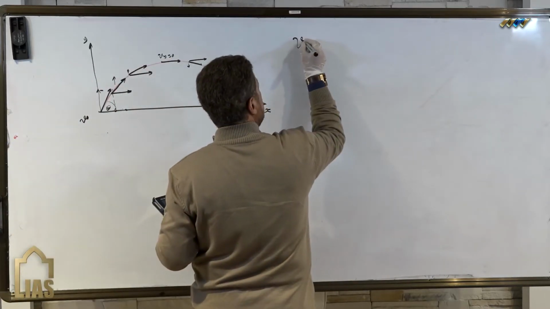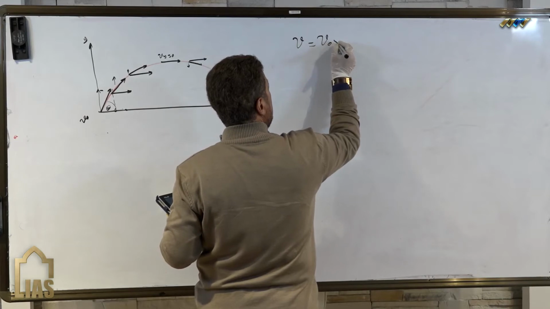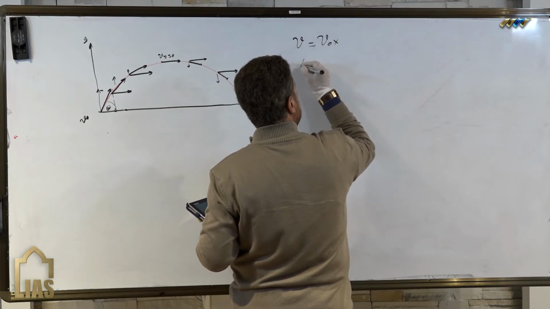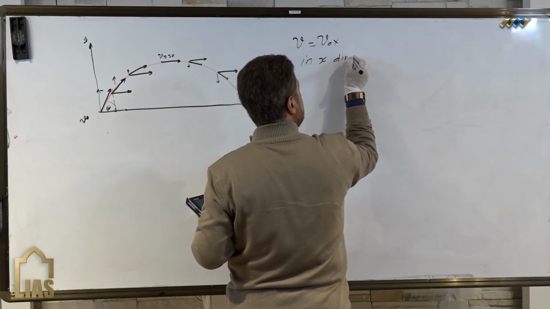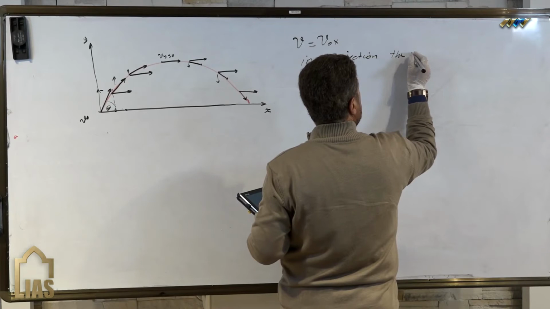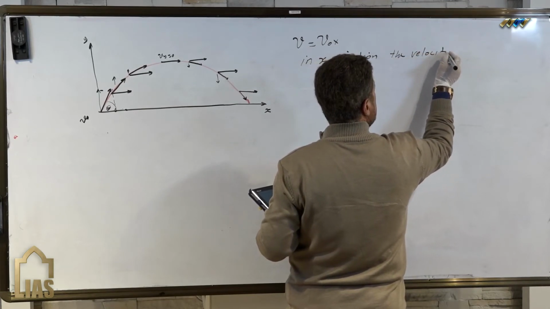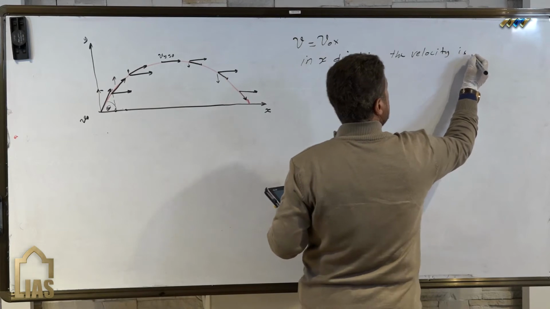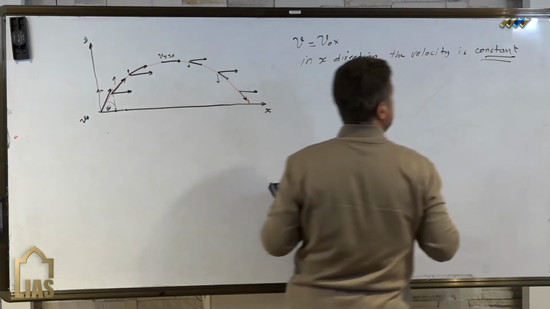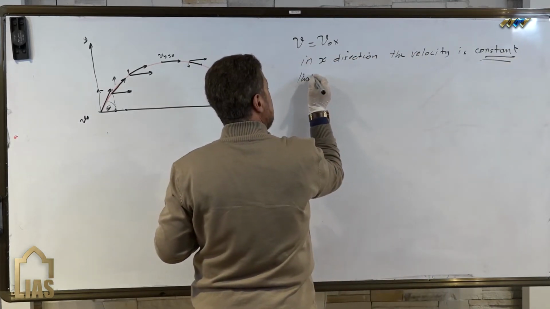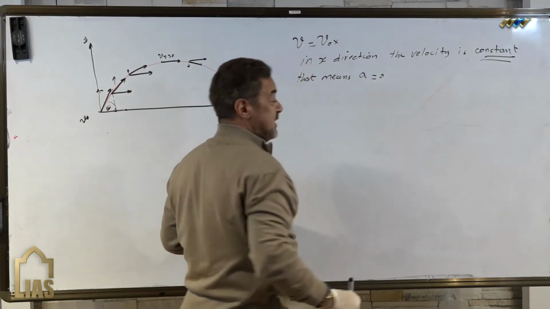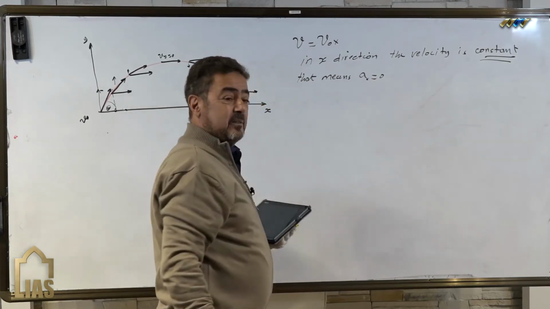But Vx is equal to Vox, okay, because in x direction the velocity is constant. What does that mean? That means A is equal to 0. Ax is equal to 0.